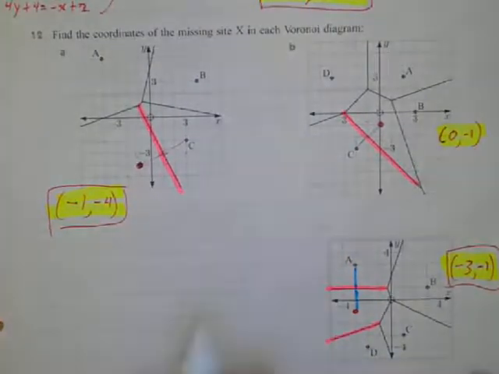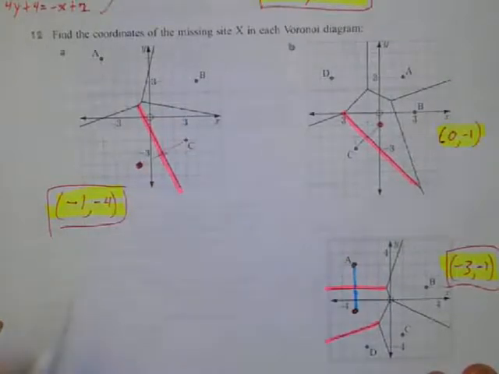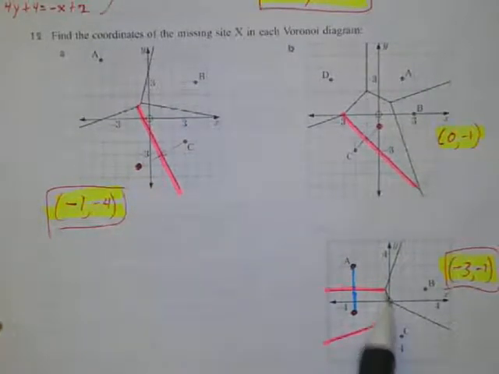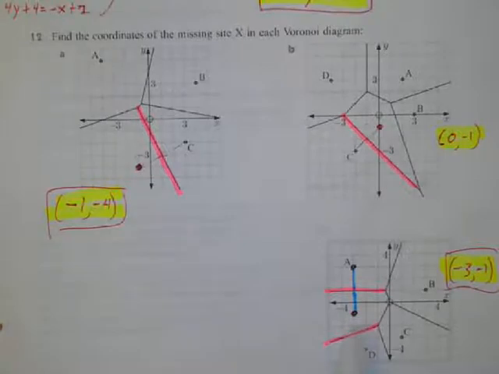So I used point A to help me figure out the missing boundary edge. I could have used this one here from there to there, but that was a little harder. Oh, you could have done it that way. So up 1 over 3, up 1 over 3, so that's an equal distance from B. Okay, there we go.